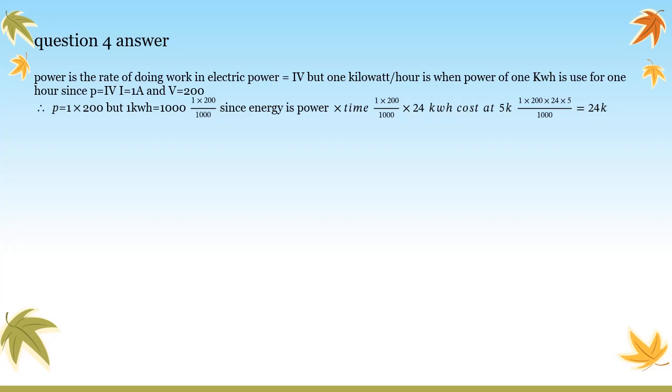Since I equals 1 A and V equals 200, P equals 1 times 200, but 1 kilowatt equals 1000 watts. Energy is power times time, so 1 times 200 over 1000 times 24 times 5 equals 24.